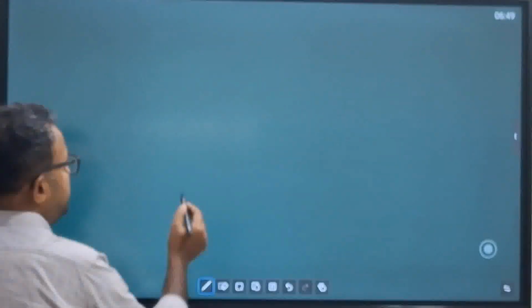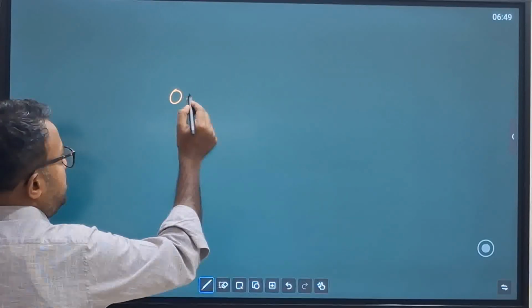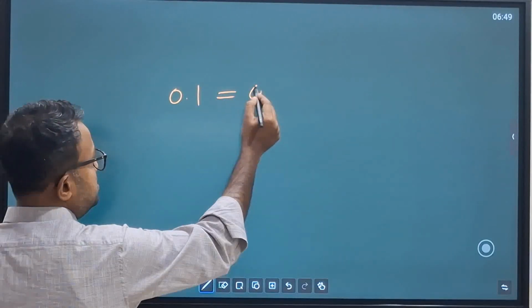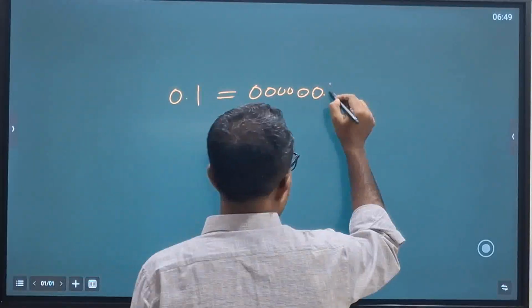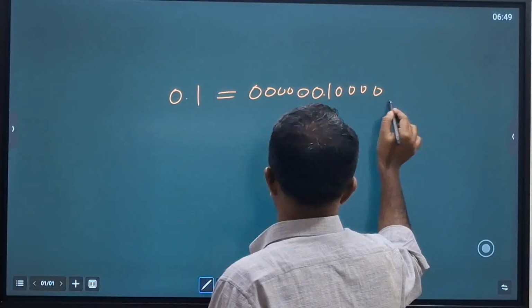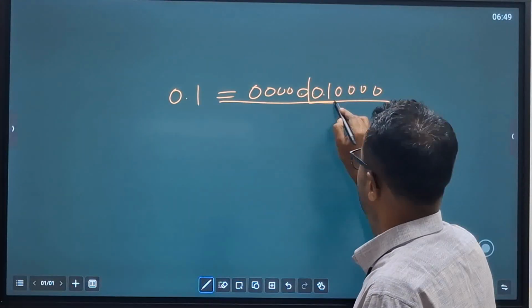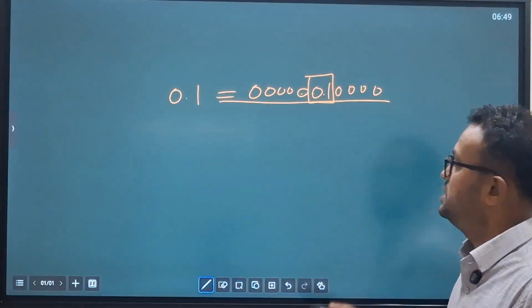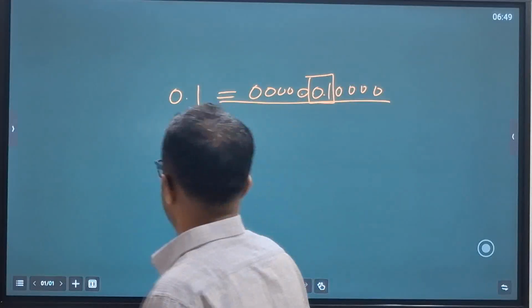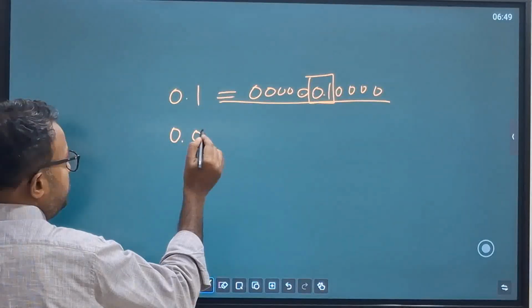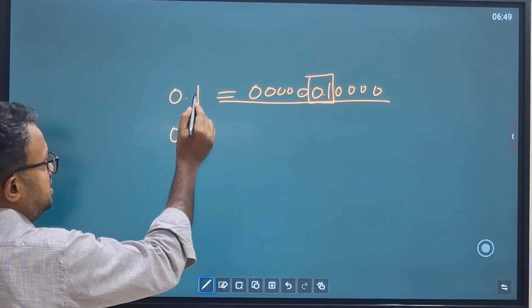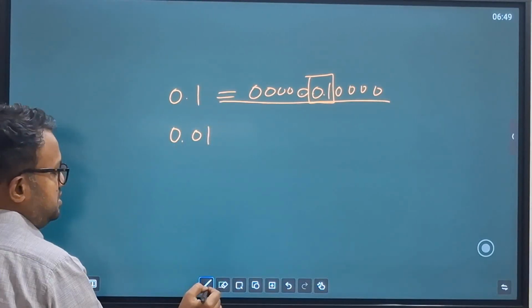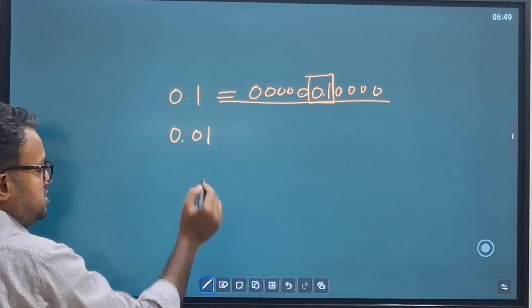Let me write one more time. 0.1 can be written as 0.1 followed by any number of zeros. It is essentially 0.1. But 0.01, there is an integer 1 here.